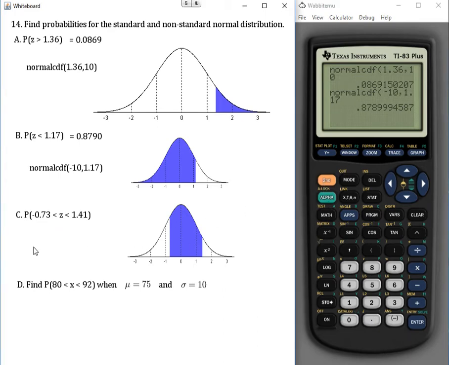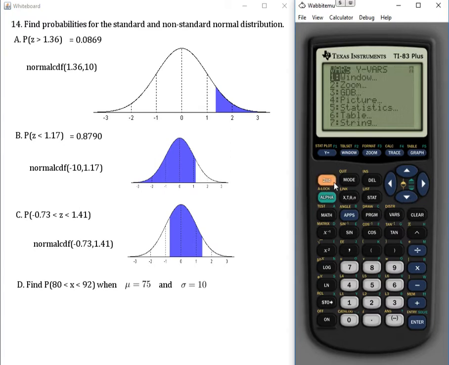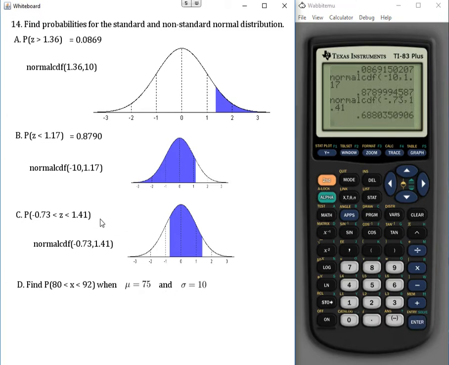When it comes to using the calculator, it's actually a simple situation because you're always doing a between probability as far as the calculator is concerned. So we just need to put negative 0.73 and 1.41 as inputs to the calculator. So let me get the normal CDF function, negative 0.73 and 1.41. And my probability, rounded to 4 decimals, 0.6880.